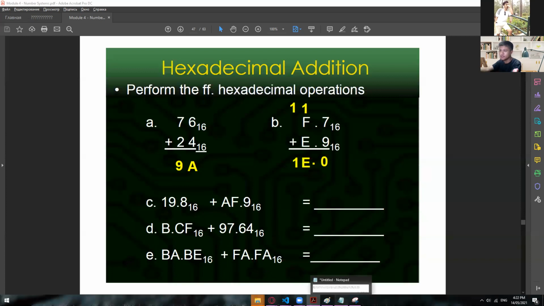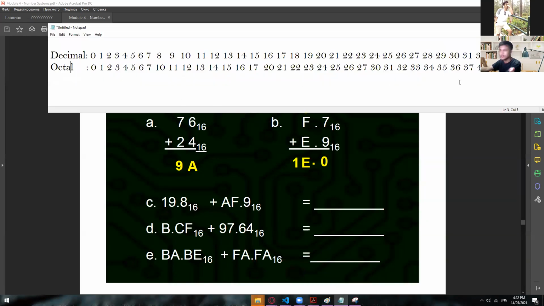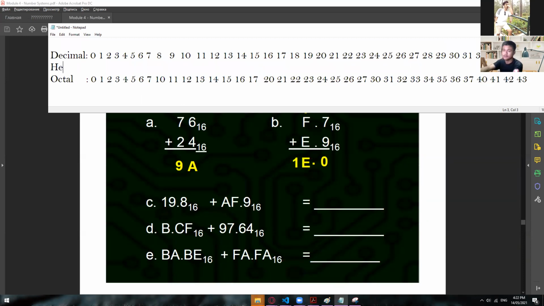Then again, before we do those examples, let me just list here the equivalence of decimal to hexadecimal. So this one is hexadecimal. Okay. So 0 to 9 is the same.